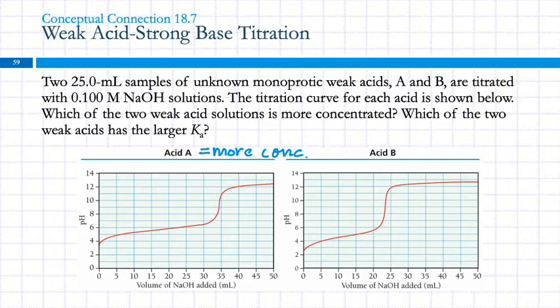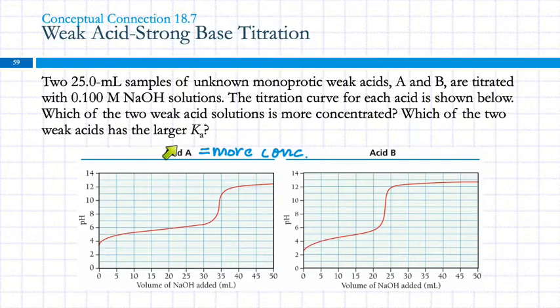If we knew that one of the acids was stronger, like if one's a strong acid, one's a weak acid, should we base that off of the pH to know which one is stronger?